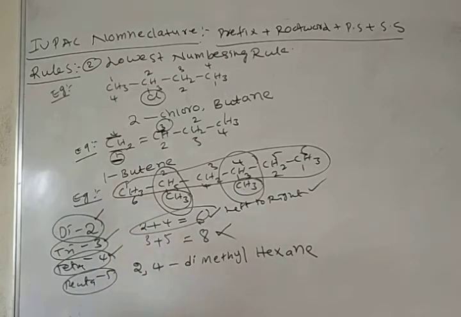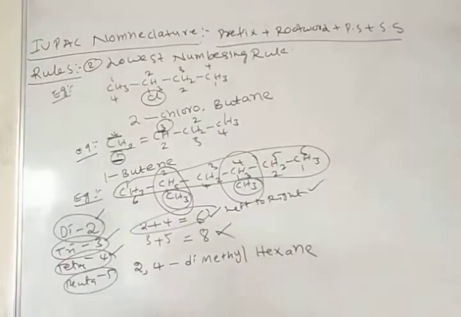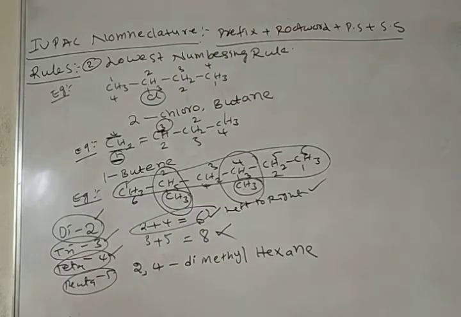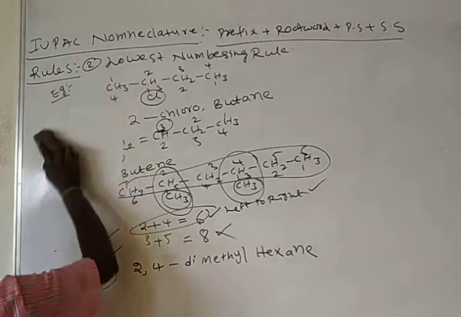This is the second rule, the lowest numbering rule. In continuation, we'll see one more rule.